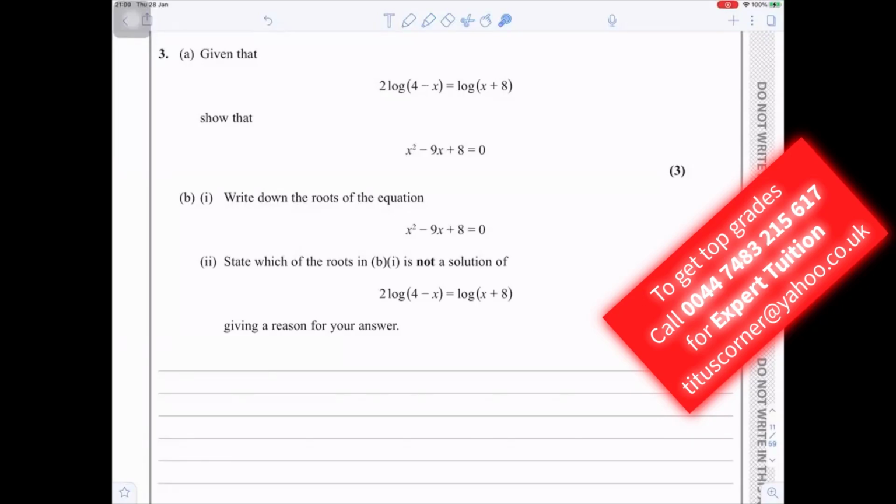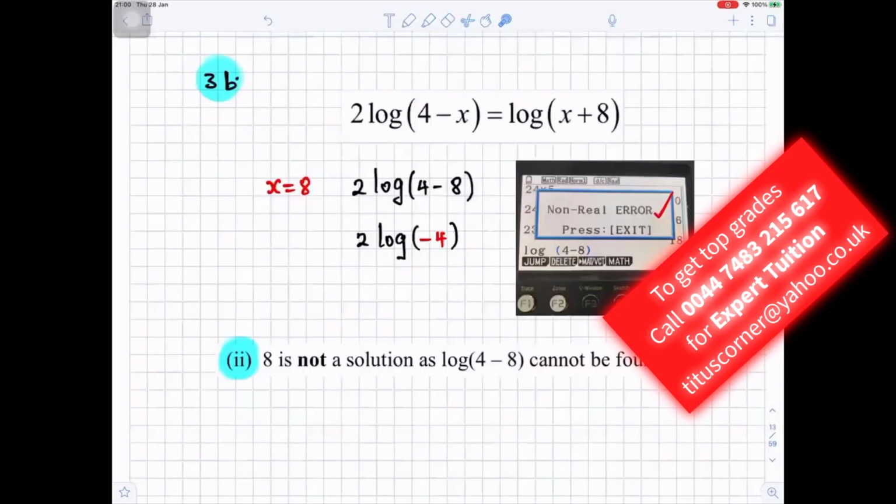State which of the roots in b(i) is not a solution of 2 log 4 minus x equals log x plus 8, giving a reason for your answer. What we can do is start with x equals 8. If we substitute 8 there, 4 minus 8 gives you minus 4.